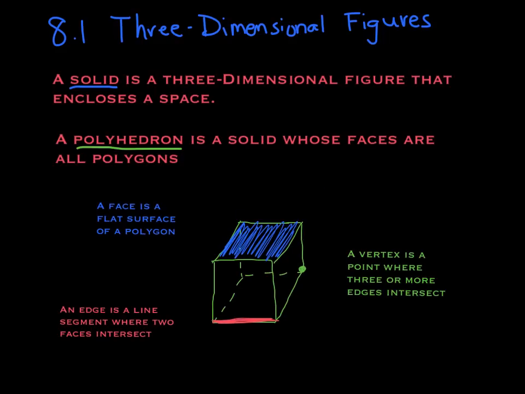So one more time as a review, a face is a flat surface of a polygon, and an edge is a line segment where 2 faces intersect, and a vertex is a point where 3 or more edges intersect.